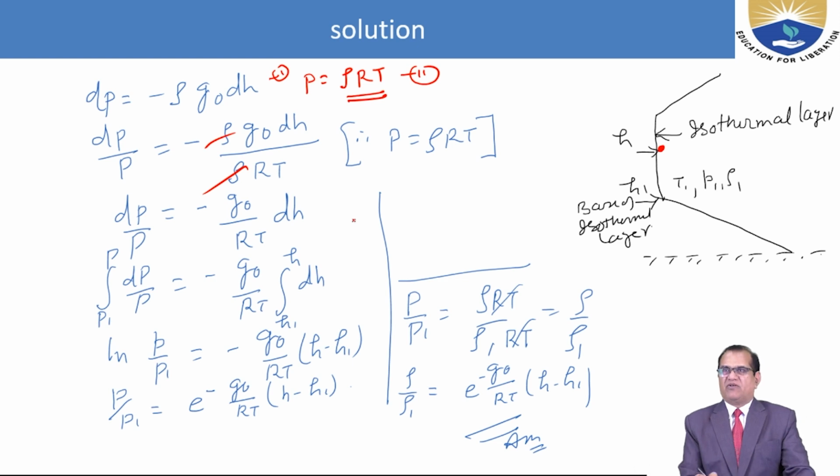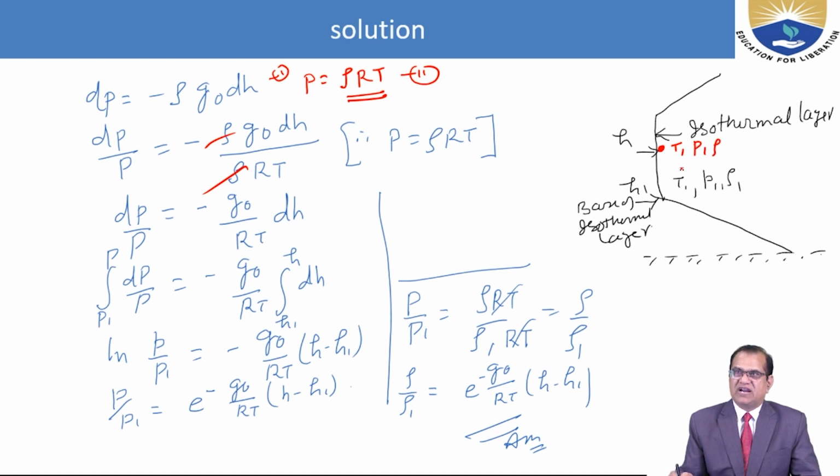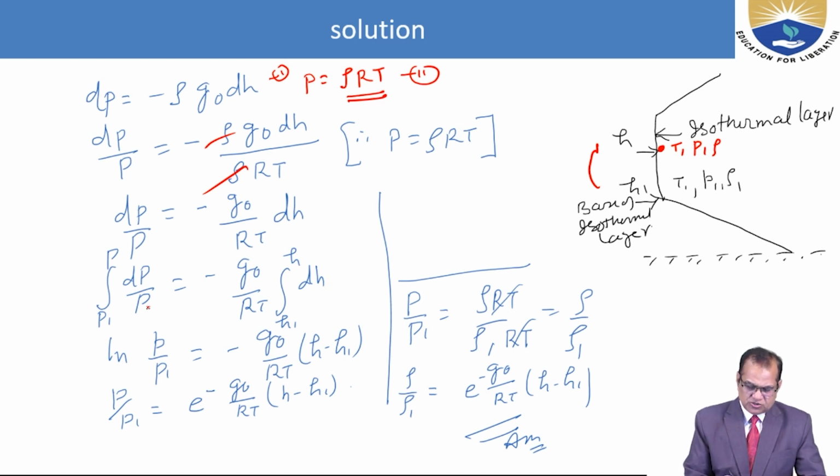If we integrate from here, with T1, here T, here P and here rho, from P1 to P, dP by P is equal to minus g0 by RT, with h from h1 to h, dh. If we integrate this, we will get ln(P/P1) equal to minus g0 by RT into (h minus h1).